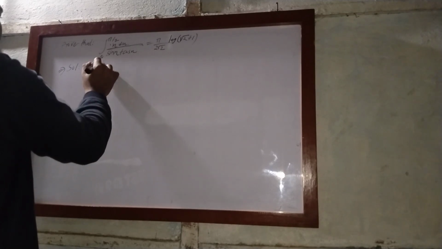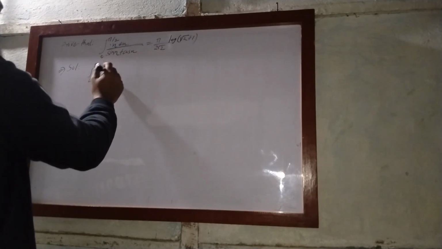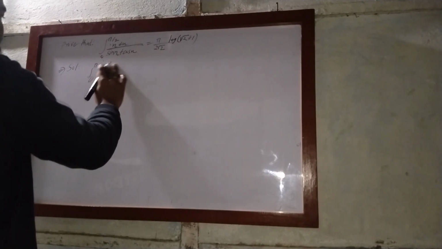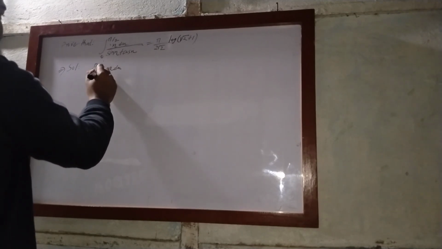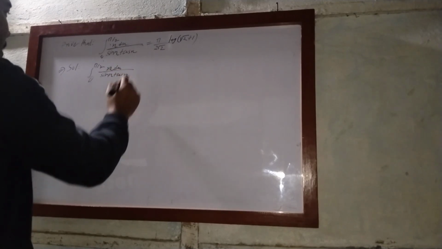Solution, let's do it. First, I is the integral from 0 to pi by 2 of x dx by (sin x plus cos x).